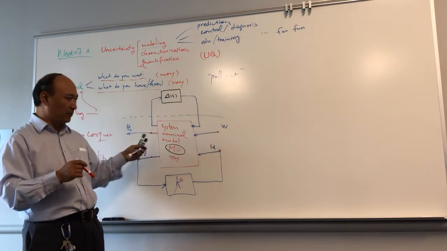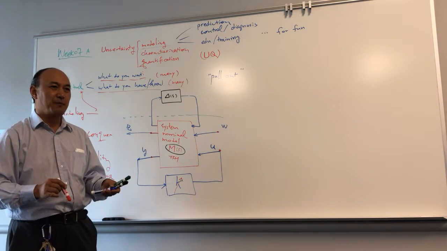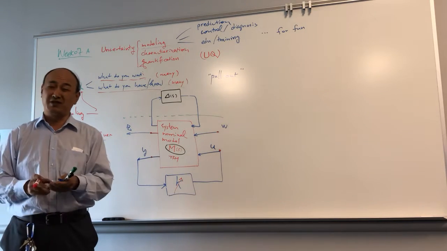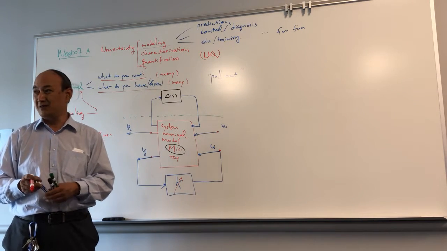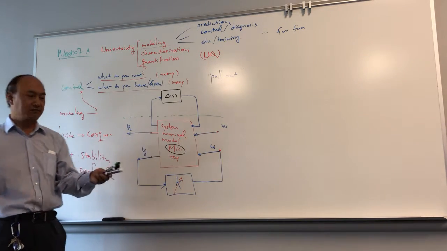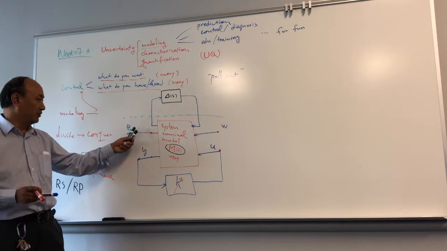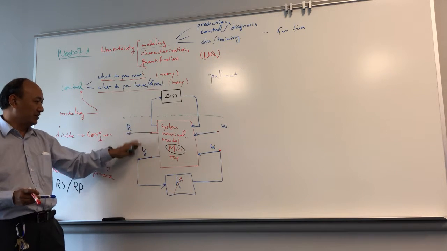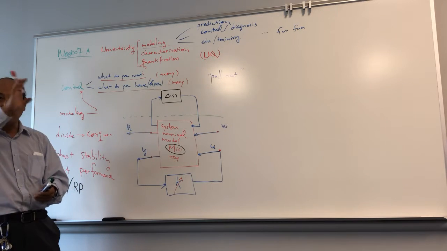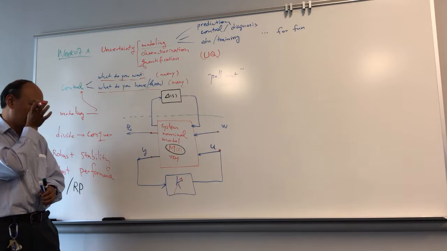Because you want to check the performance, you want to insert some testing signal. May not be exactly the control purpose, it's for performance evaluation purpose. Make sense? So W could be different to U. And Z could be different to Y. Because you may add some filters here to become a Z, right? So then you emphasize the frequency range of interest, and so on and so forth.